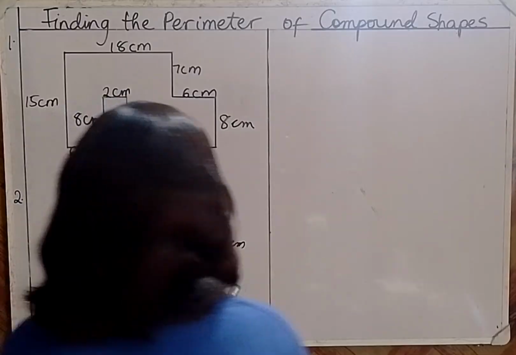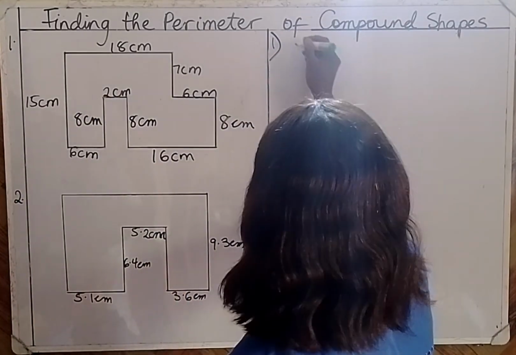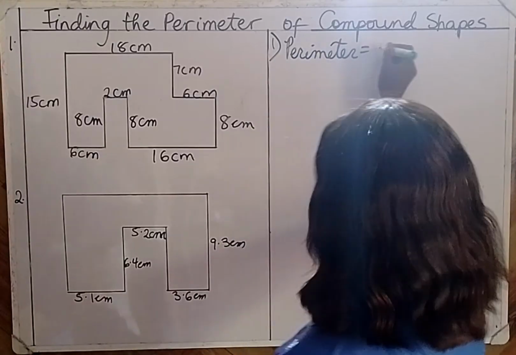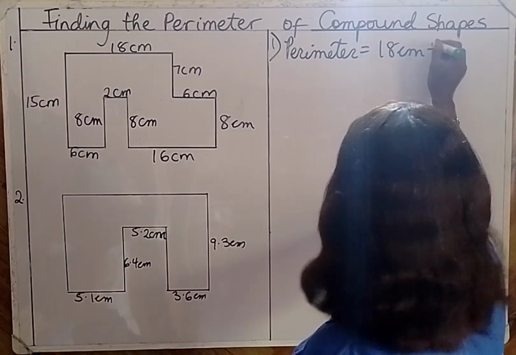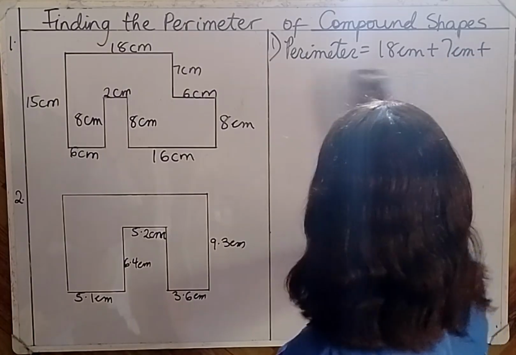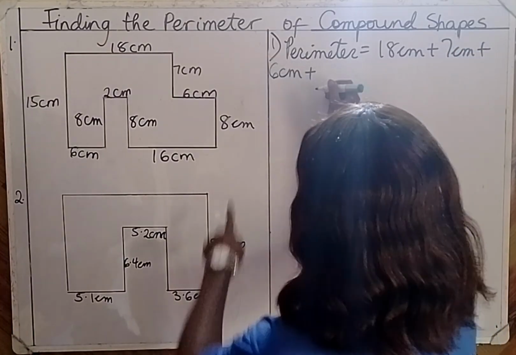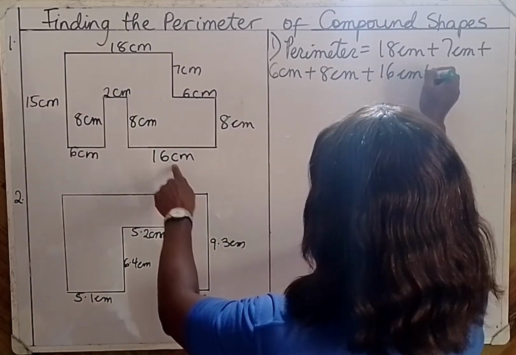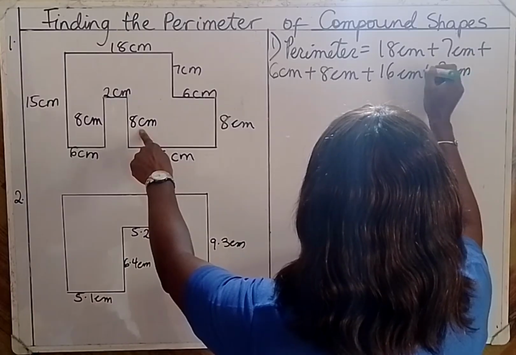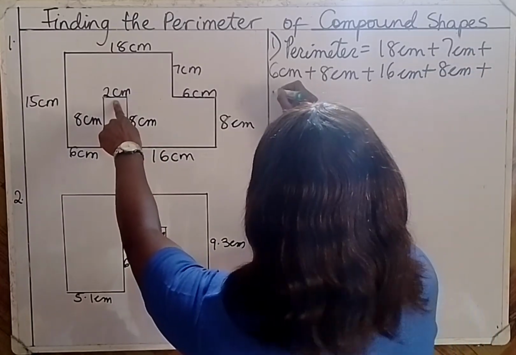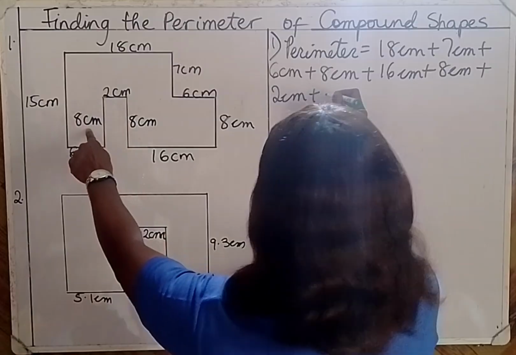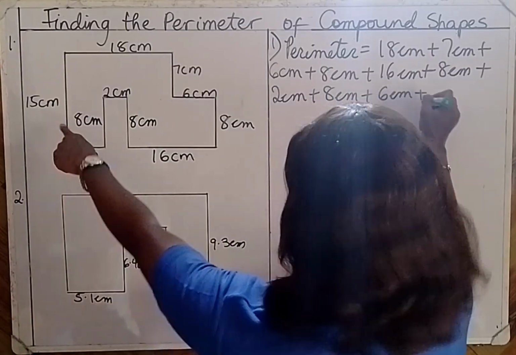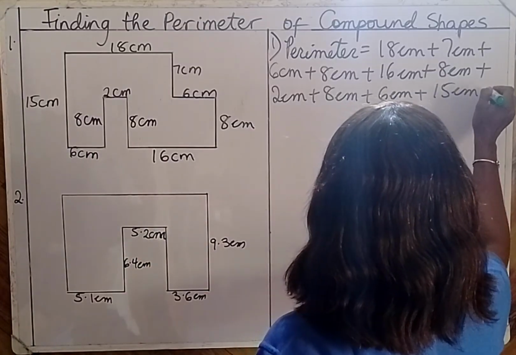Now we can find the perimeter of this shape, having gotten the value for the unknown length. Perimeter equals 18 centimeters plus 7 centimeters plus 6 centimeters plus 8 centimeters plus 16 centimeters plus 8 centimeters plus 2 centimeters plus 8 centimeters plus 6 centimeters plus 15 centimeters.